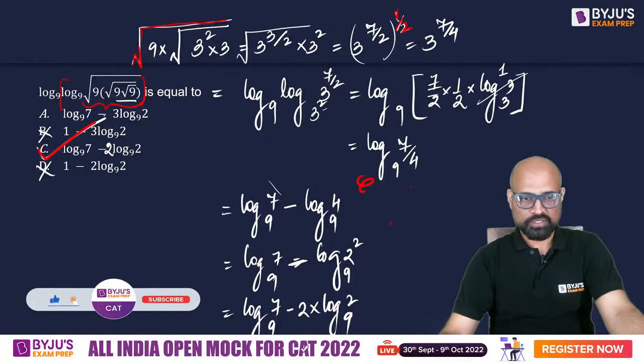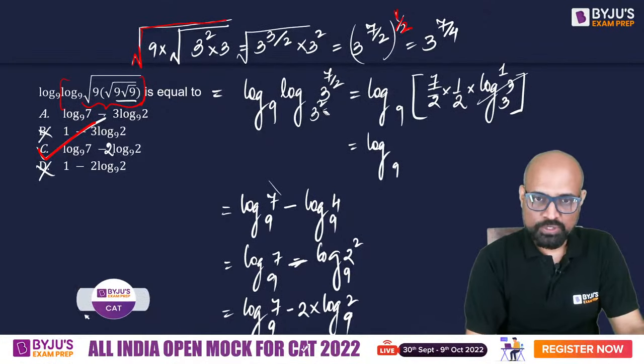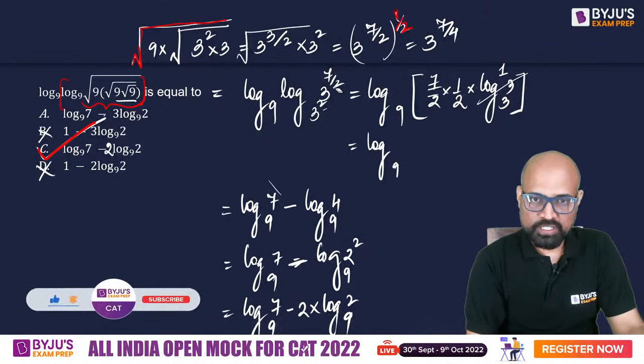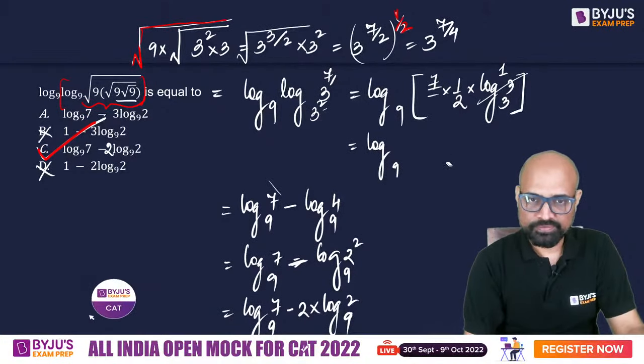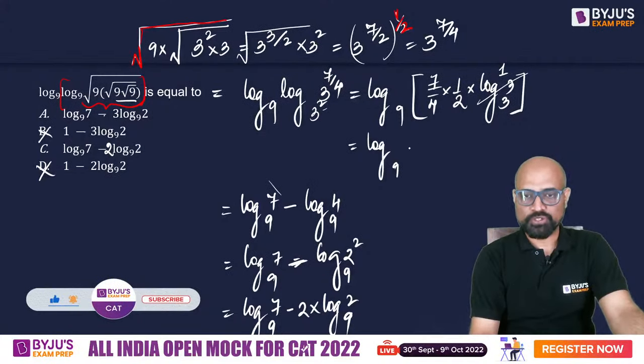So it looks something like this. This was 3 square and that was 7 by 4 here. So we already had 7 by 4 and we have 3 square. So 7 by 4 into 1 by 2. So this is going to give us 7 by 8 into log 3 to the base 3. This is what we'll get. This is 1.